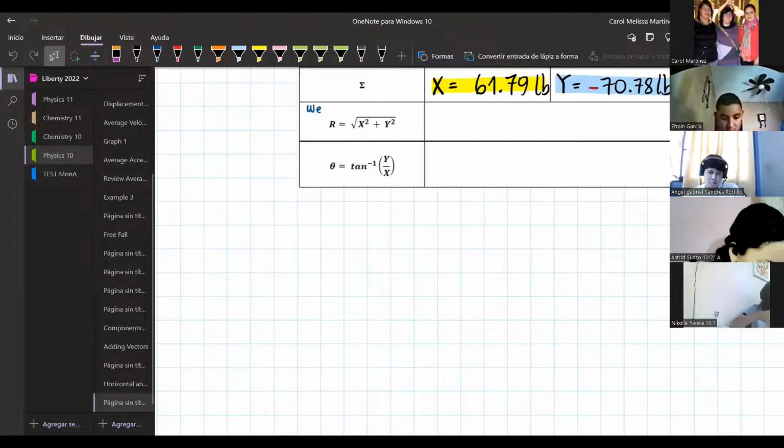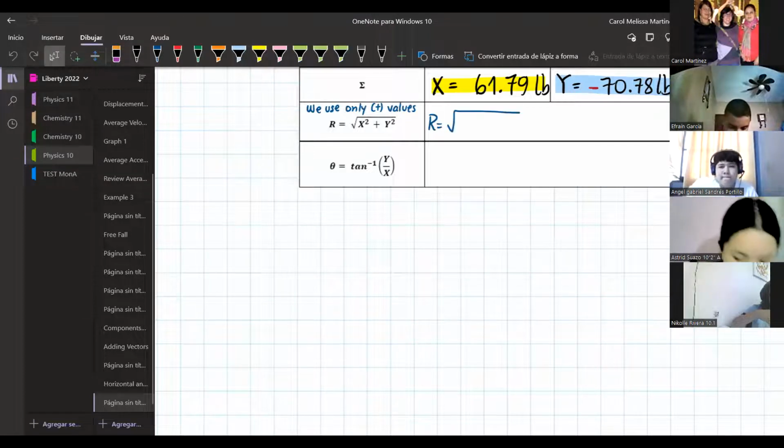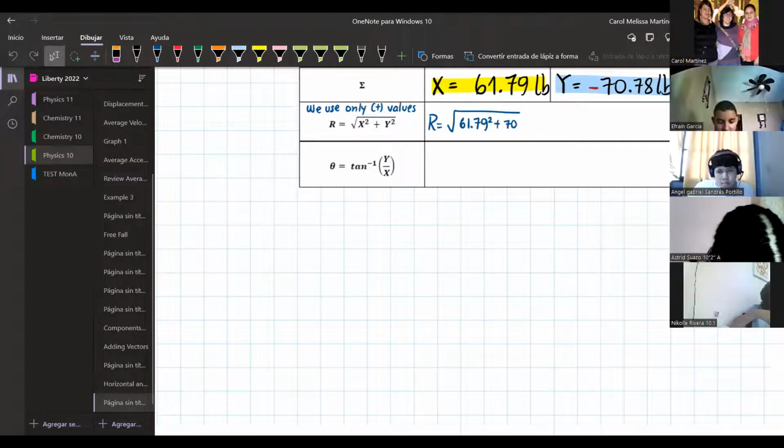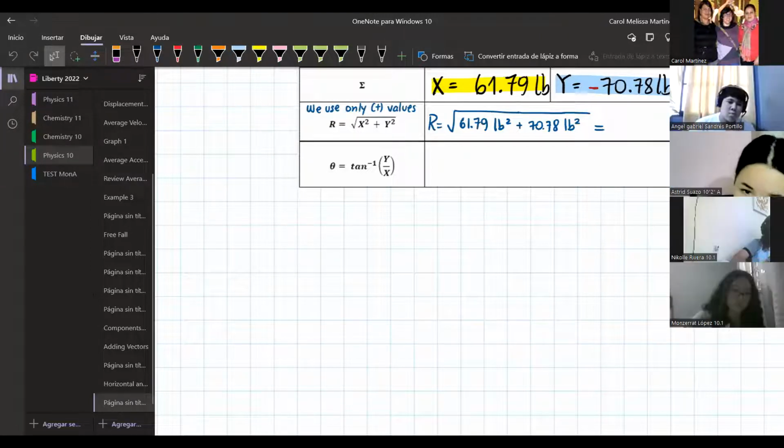So R is going to be equal to the square root of 61.79 squared plus 70.78 pounds squared. Remember, we solve first for the powers, okay?